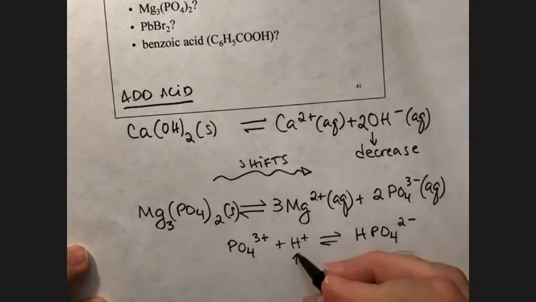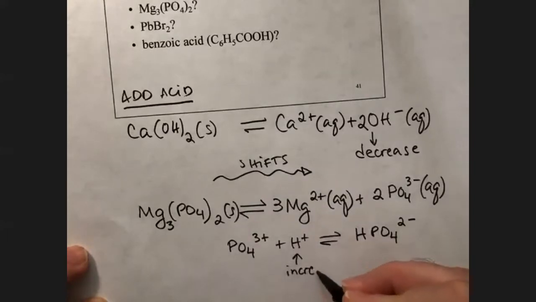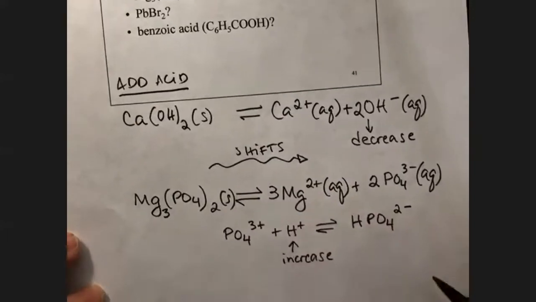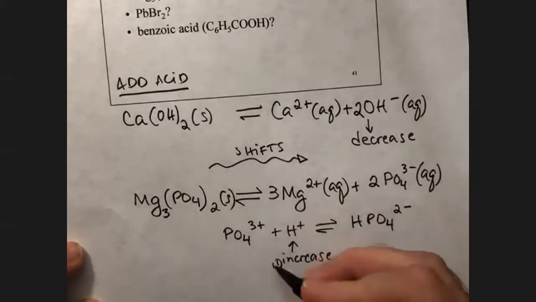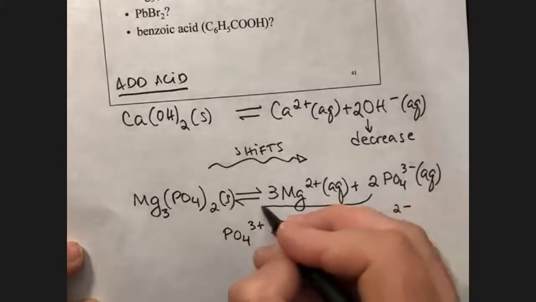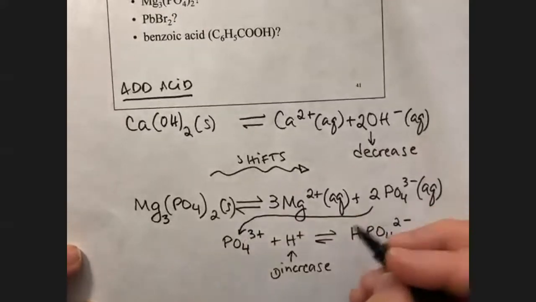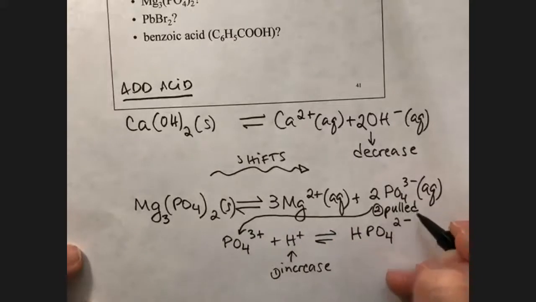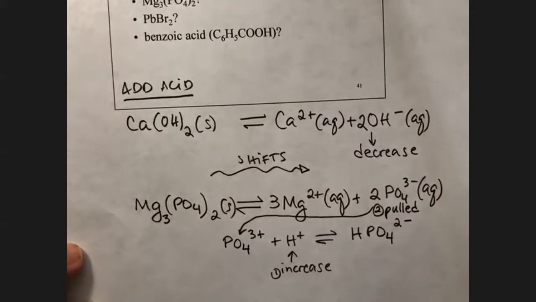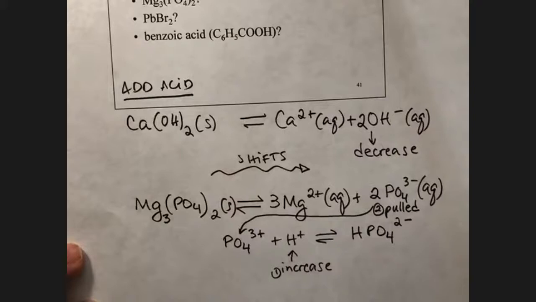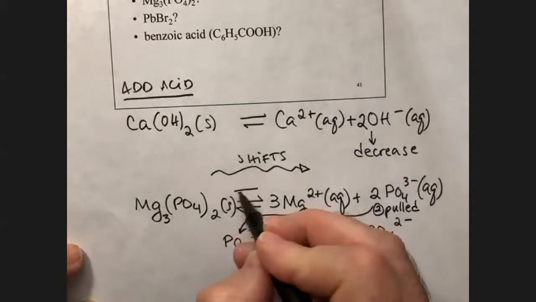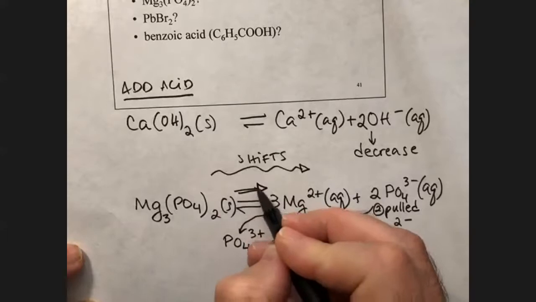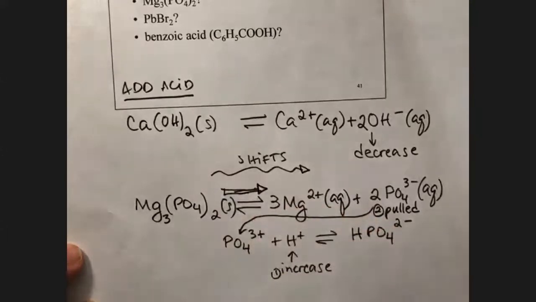So if I increase this, right, that's going to pull the phosphate ions from that equilibrium, and that's going to cause by Le Chatelier this equilibrium to push towards the right.